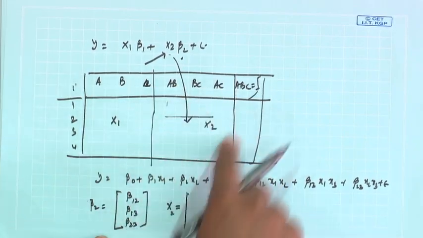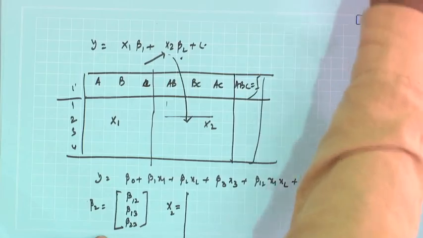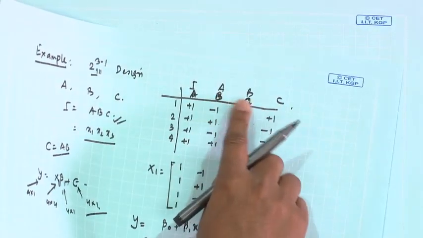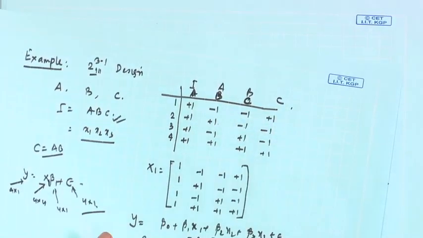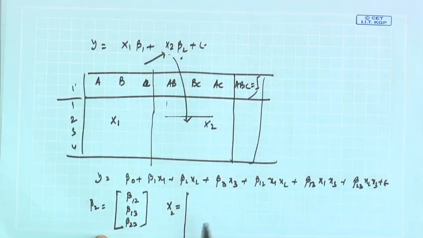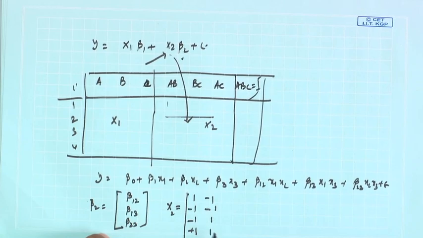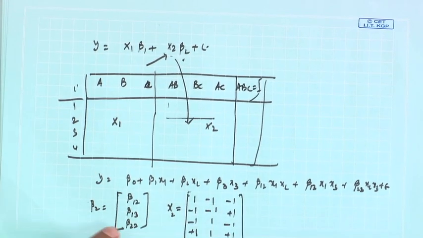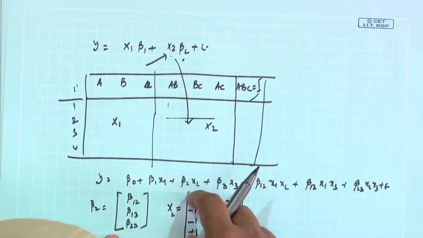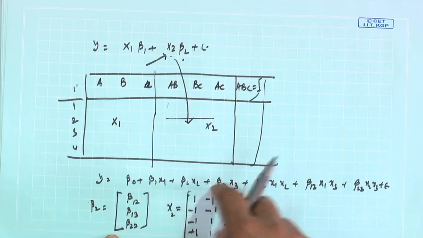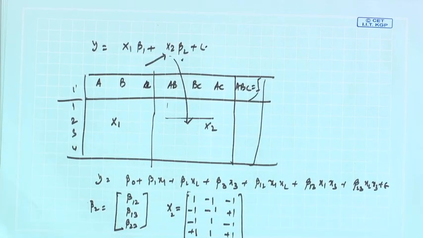So, AB, BC, all those things can be found out accordingly, and that value is basically 1 minus 1 minus 1 plus 1, then minus 1 minus 1 plus 1 plus 1, then minus 1 plus 1 minus 1 plus 1. So, that means beta 12, that is AB, then it is AC and it is BC.